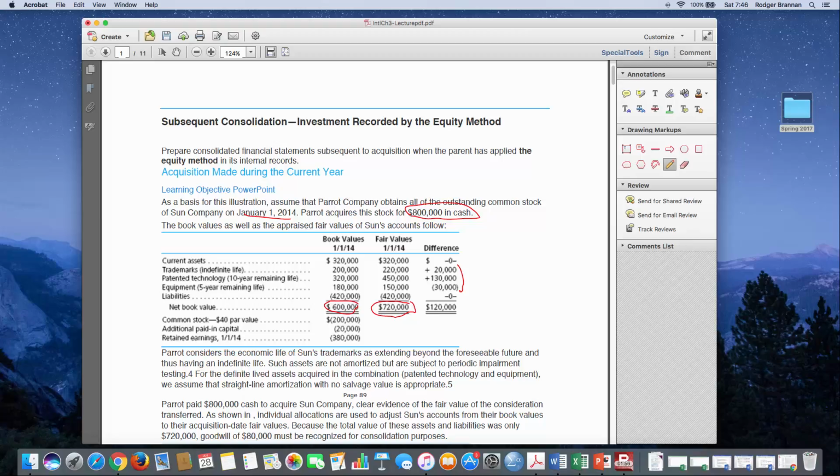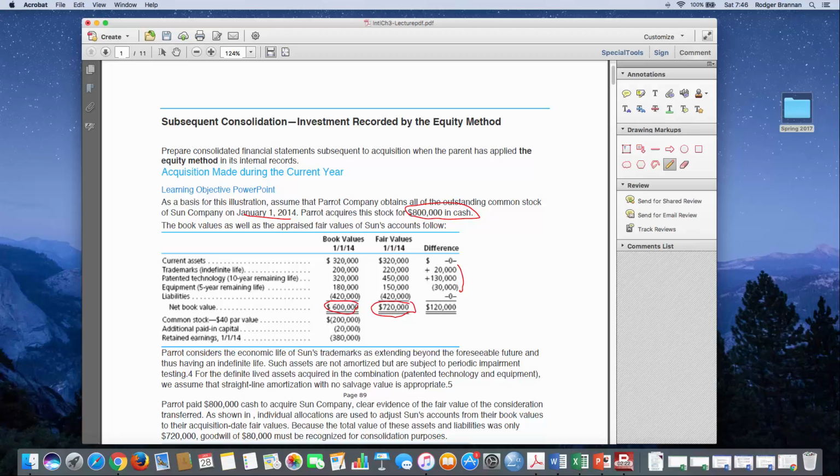And what they tell you is that, well, part of this $120,000 difference can be explained by the fact that trademarks are slightly understated. So in fact, Parrot is going to recognize the trademarks not at $200,000, but implied at $220,000. Likewise, the patented technology is undervalued by $130,000.